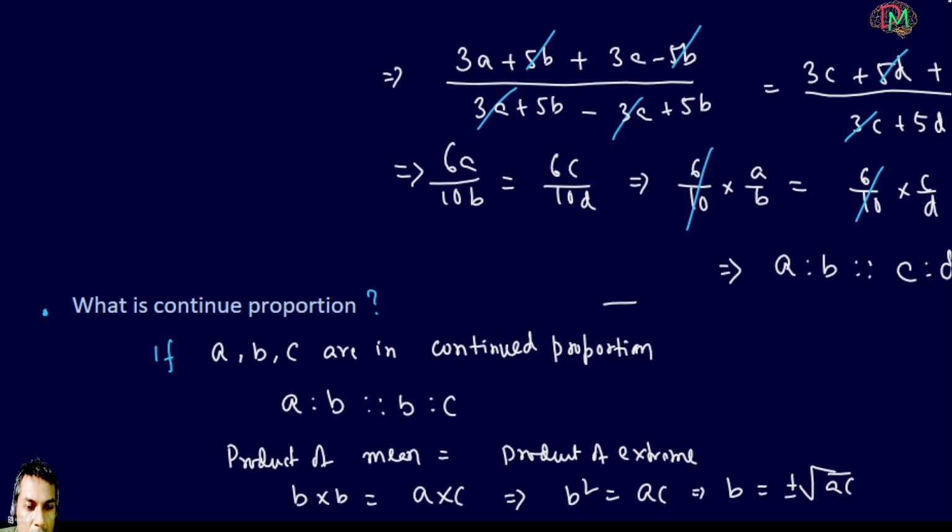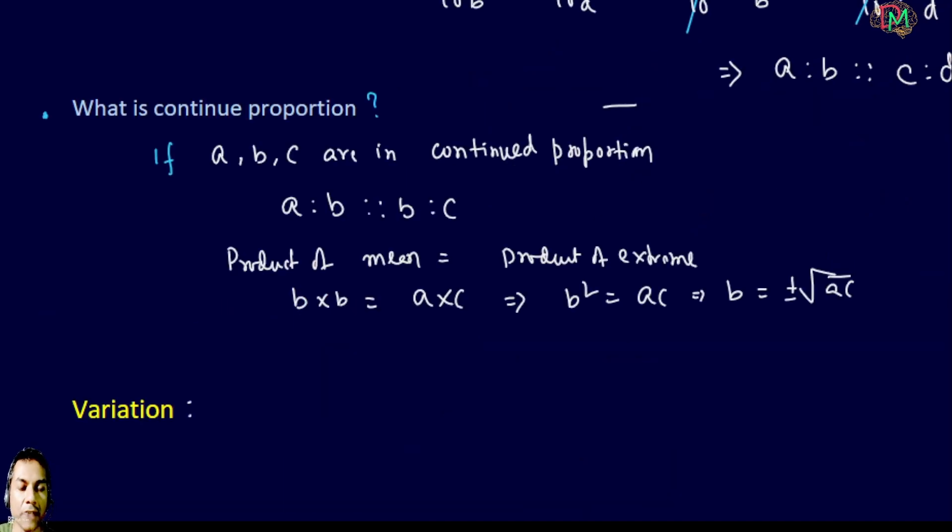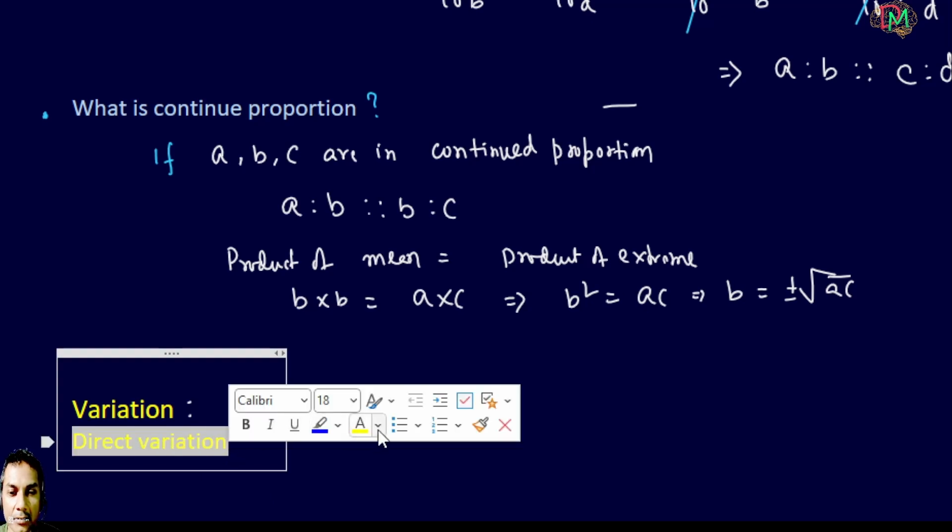Next we learn the variation. What does variation represent? Variation represents the relation between two variables or quantities. Relation means how one quantity changes with the change of the other quantity's value. So there are two types. One is direct variation. So what is direct variation?